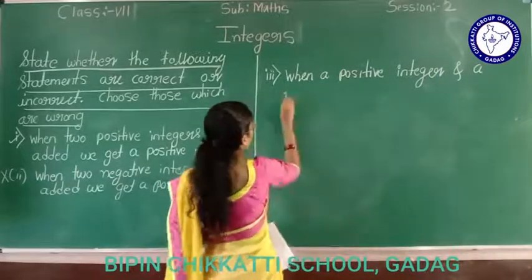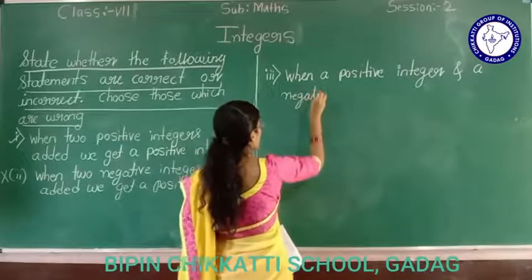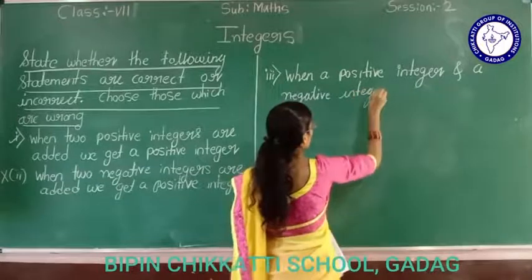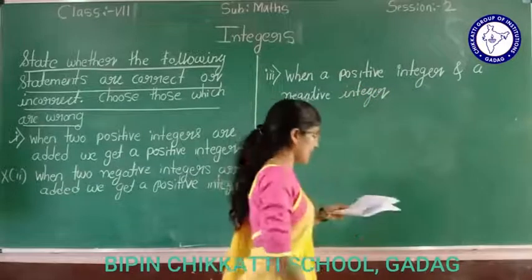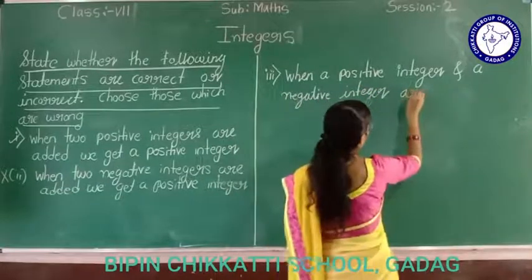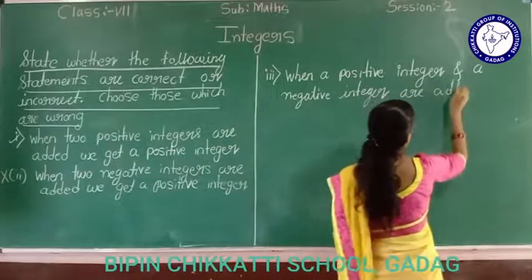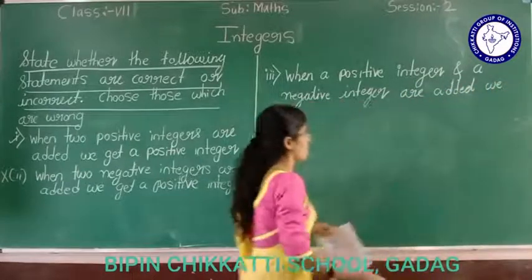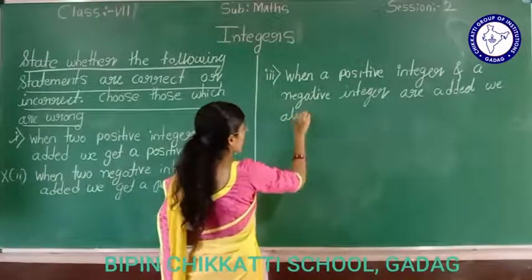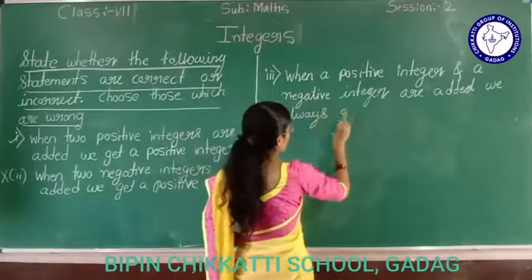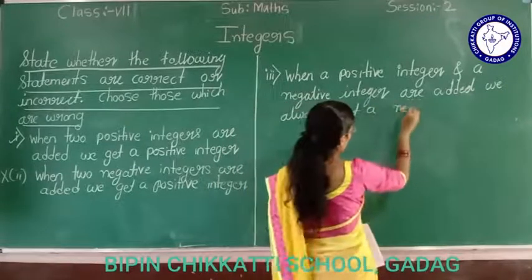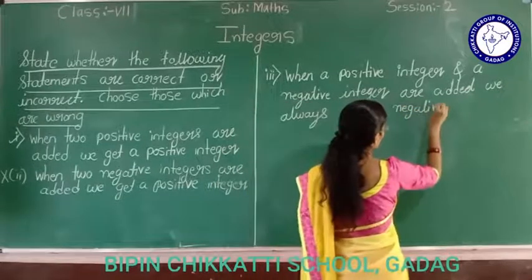When a positive integer and a negative integer are added, we always get a negative integer.